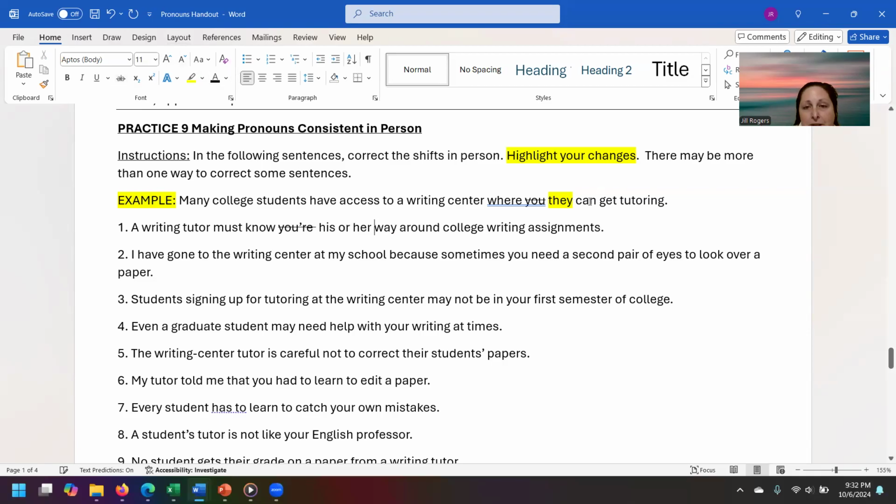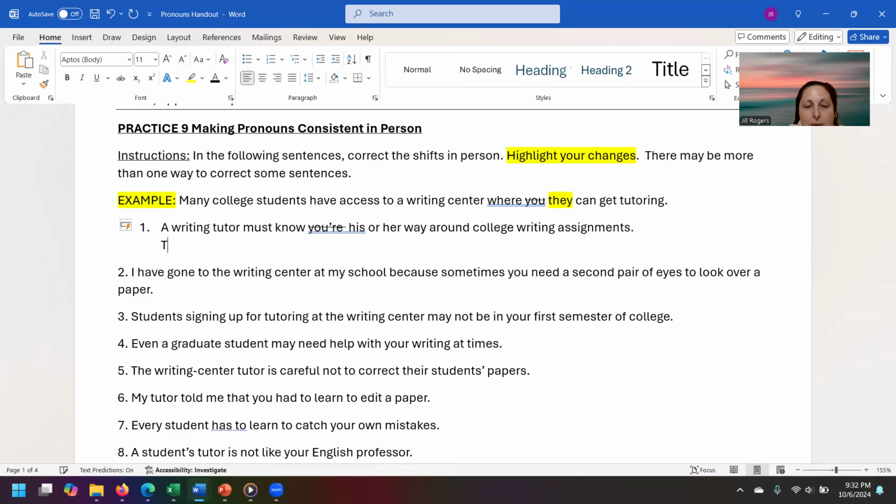We also could correct it a different way. You don't have to do this, but you could make it plural if you wanted to. Writing tutors, right, must know their way around college writing assignments, okay? That's fine too.